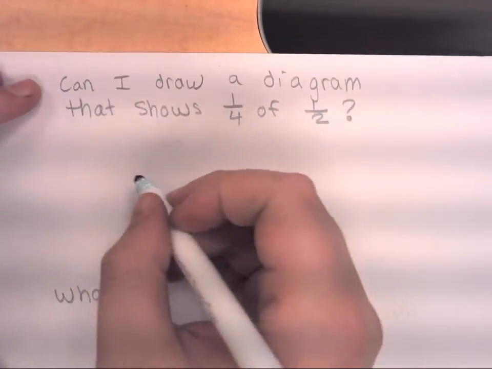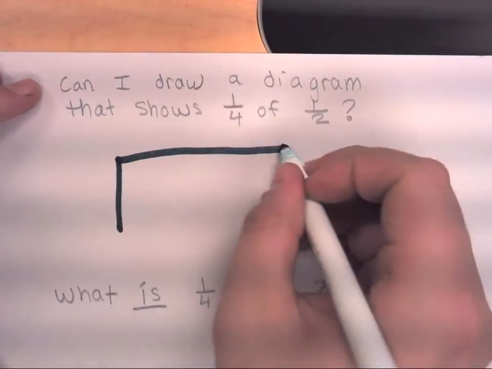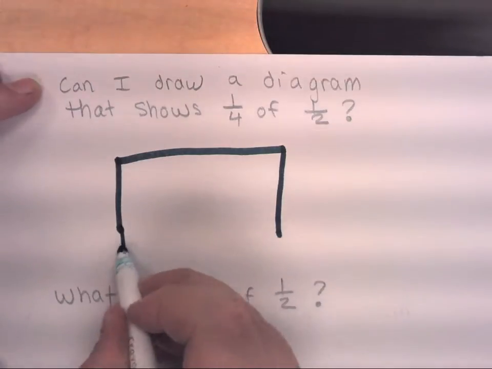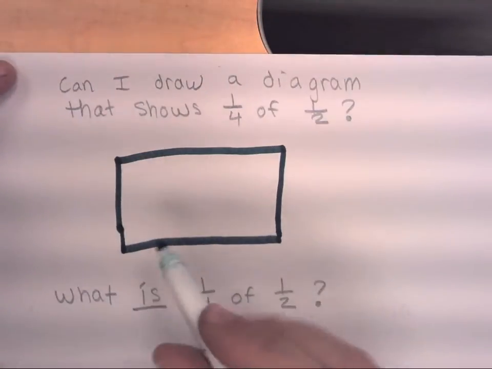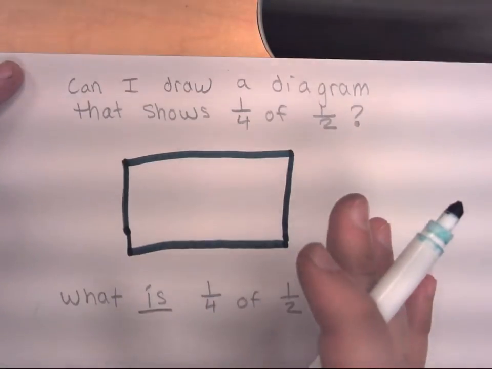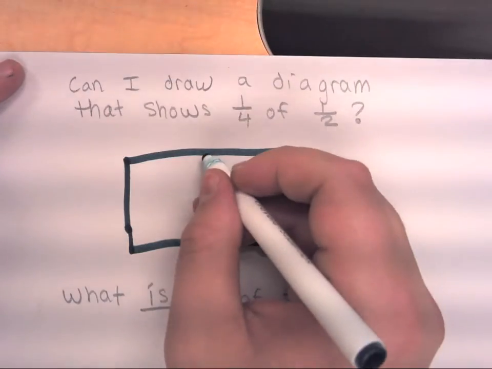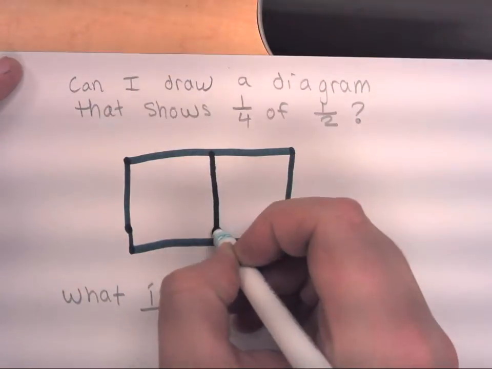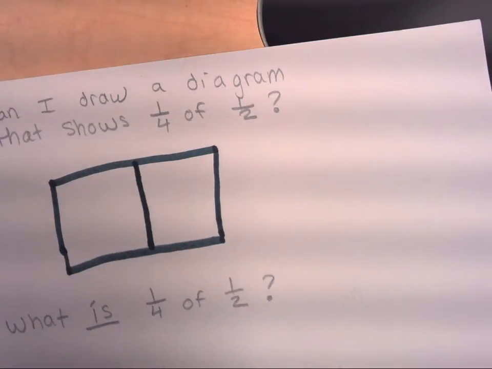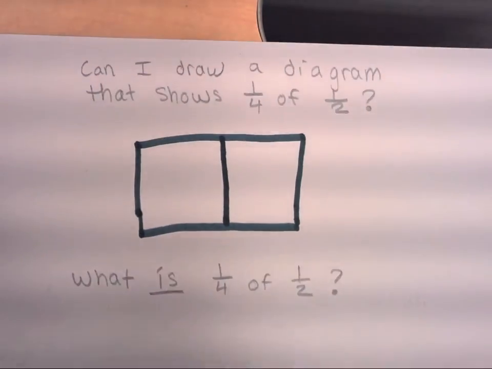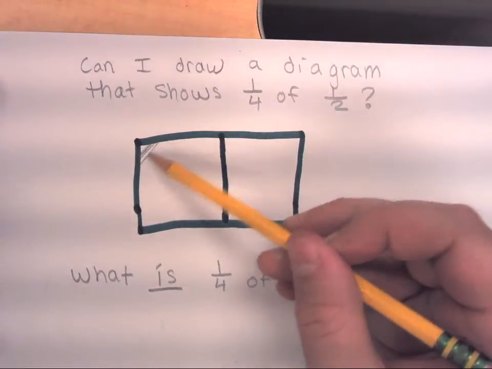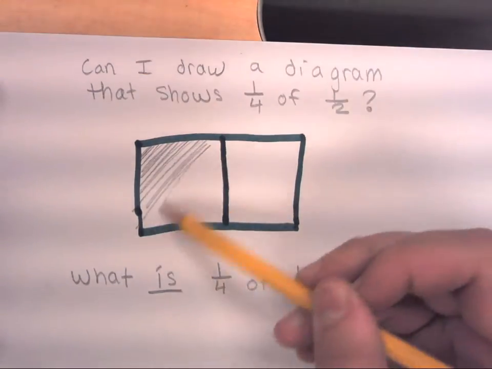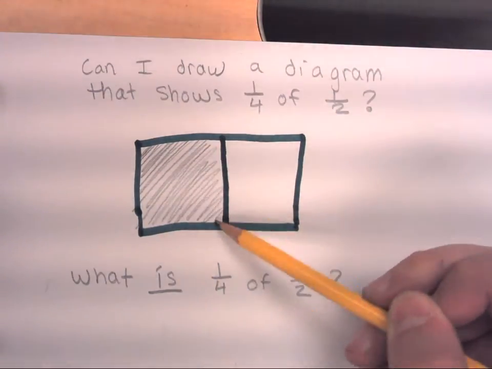So again, students started by drawing a rectangle that represented a whole, and since we want to figure out 1/4 of a half, we need to divide this whole into 2 halves, and I'll shade one of those halves in here.